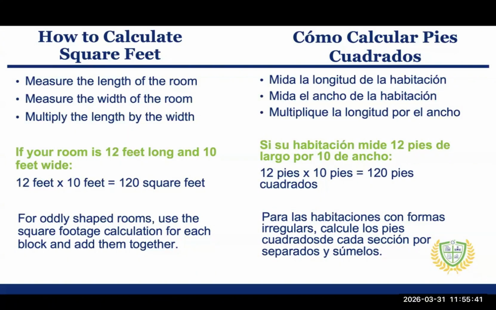For oddly shaped rooms, you have to use the square footage calculation for each block and then add them together. So if the room is not a rectangle, it's not a square, we will want to do multiple measurements to get an accurate calculation. But as long as you get the square footage, then that's everything we need.